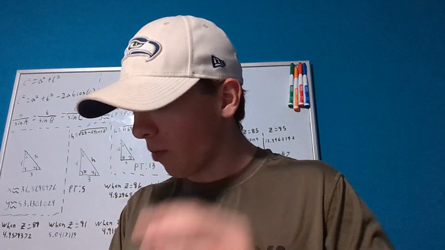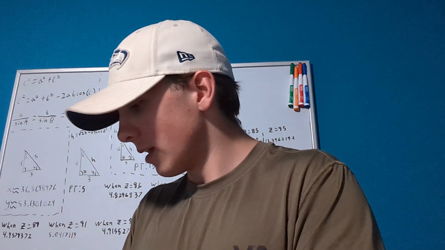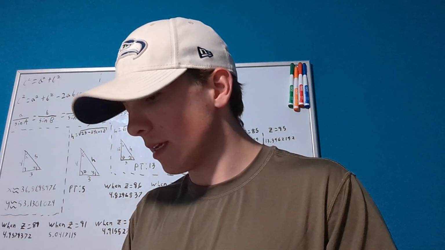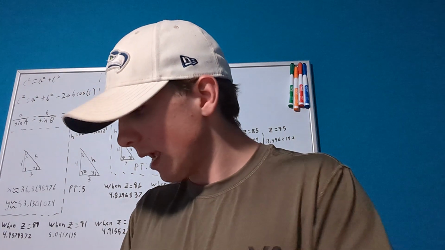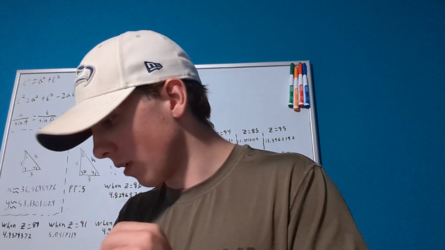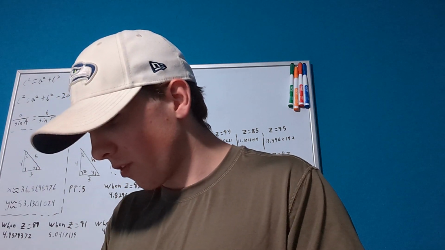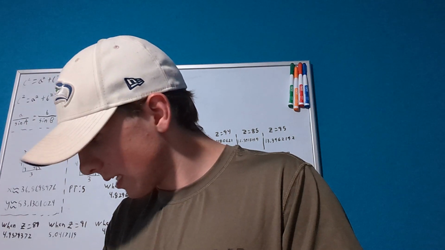Now, if we look at going down, how much it varies in our inaccuracy. So what I mean by that is going from 89 to 88, the inaccuracy increases by 43 thousandths. Same thing from 88 to 87, and then from 86 to 85 it increases by 44 thousandths.